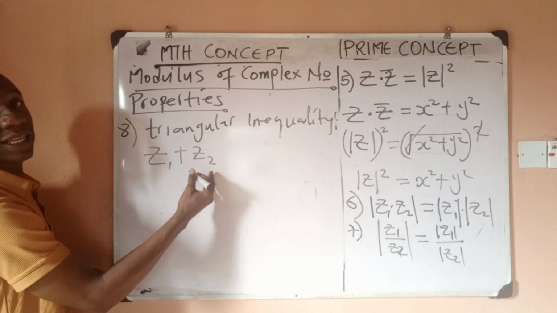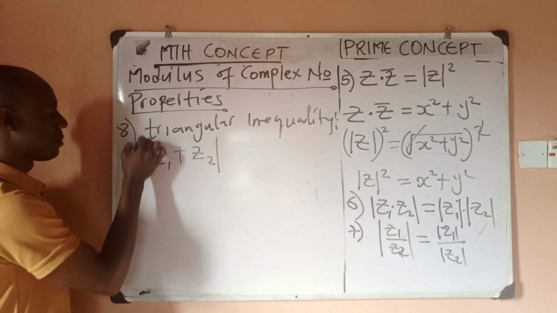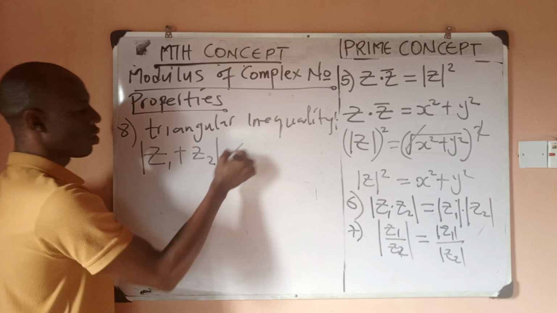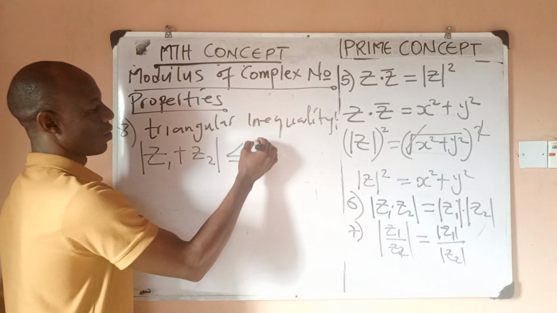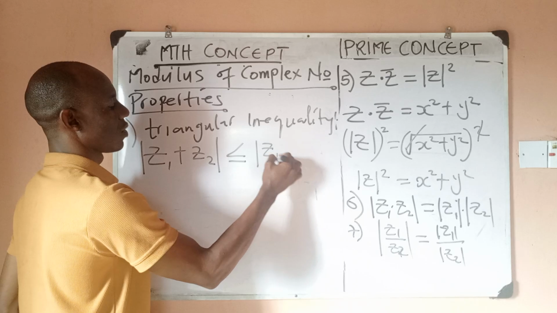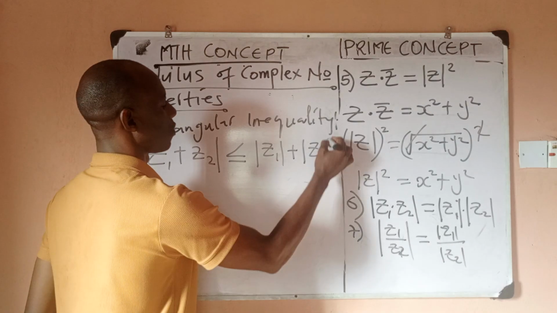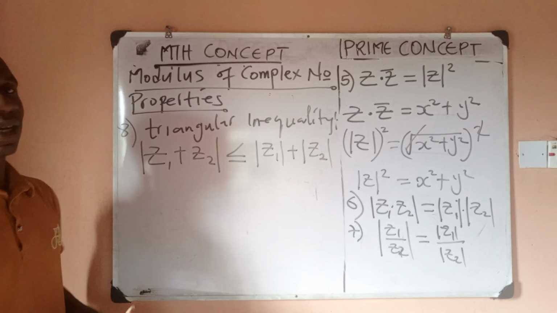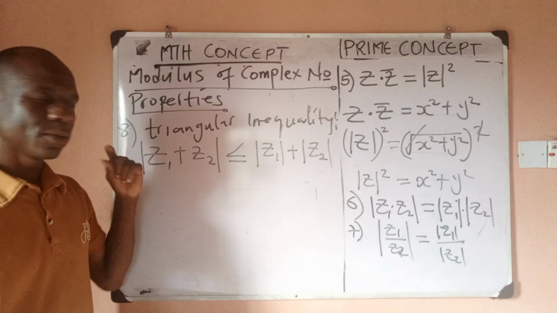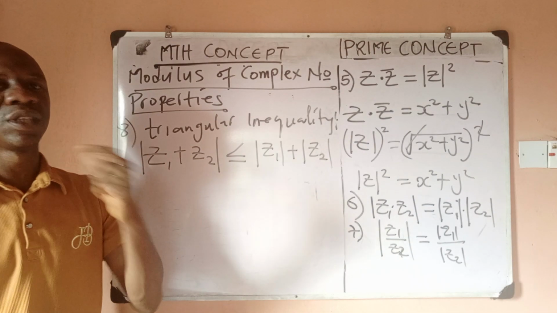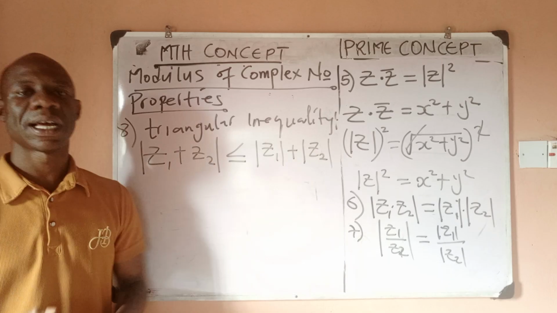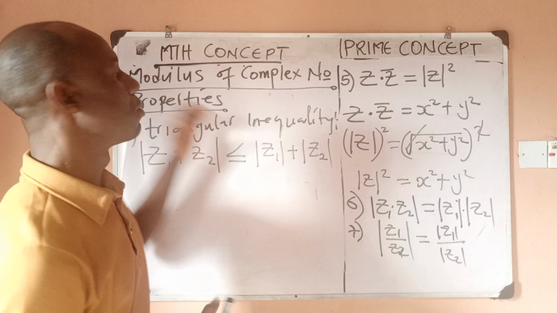You add two complex numbers, then take their modulus. This would always be less than or equal to the modulus of z1 first before you add it to the modulus of what? z2. So this is what you know as triangular inequality. Watch out for my video where I'll be doing a proof for this particular property of modulus.